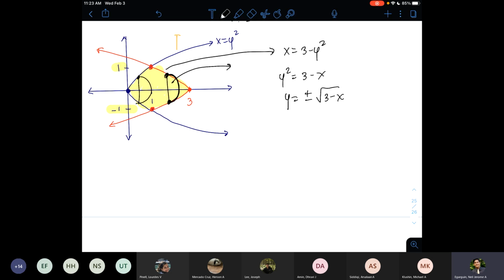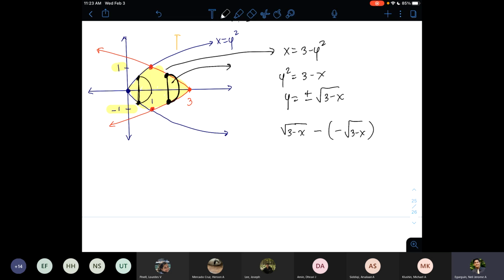So whenever computing the length of this vertical strip, you will use root of 3 minus x minus the bottom function, which is half of the parabola that you have. The equation of that parabola is negative root of 3 minus x. So that would be the length of this vertical strip, twice the root of 3 minus x, top minus bottom, right?